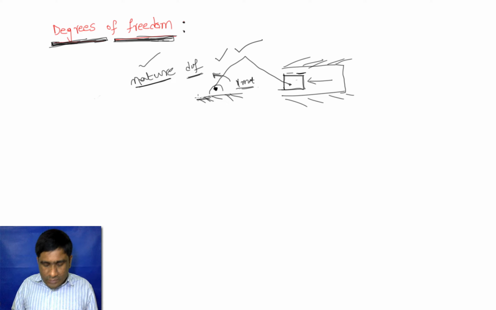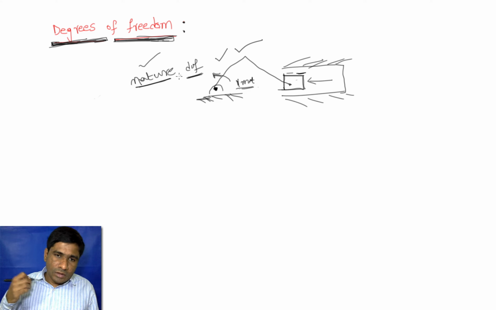In this present chapter, most of the mechanisms that we consider are in the plane, or planar. In the planar case, we can easily identify the nature of the degree of freedom. But if we consider the same mechanisms in space, then it's very difficult to find out the nature of the degree of freedom by using the simple formula that we are going to derive in this session.